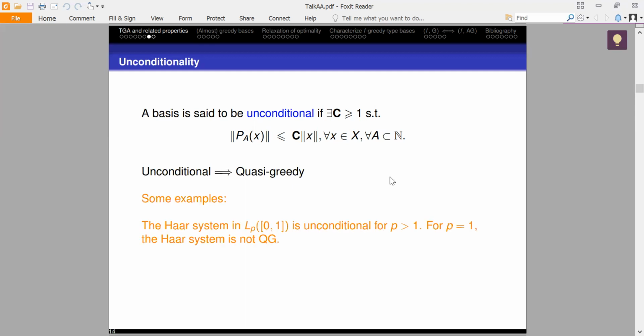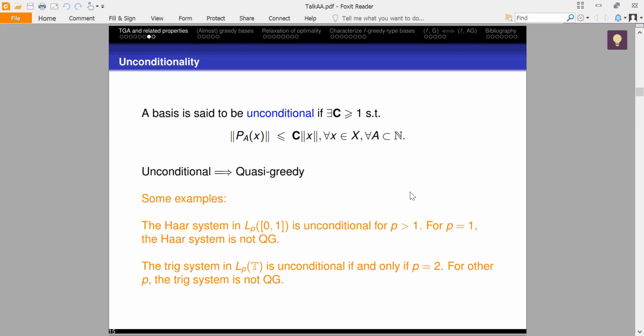Here are some examples of unconditional and not unconditional bases. If you look at the Haar system, if p is greater than 1, then the system is unconditional. But if p is equal to 1, then the system is not quasi-greedy, not to mention unconditional. Here's another one. The Fourier system is unconditional if and only if p equals 2. If p is not 2, then it is not quasi-greedy.